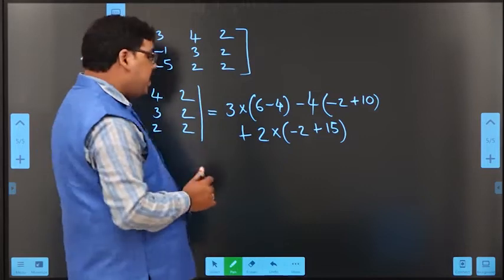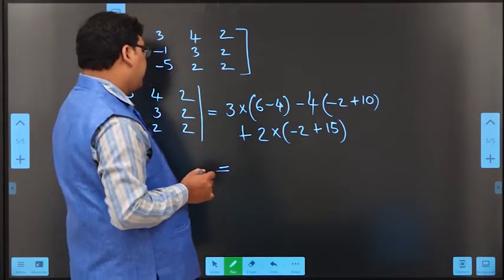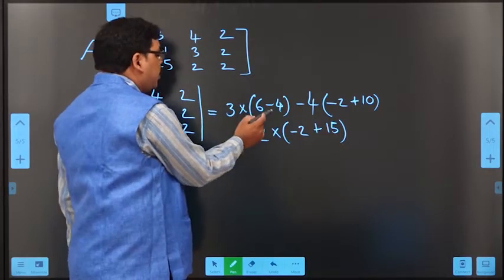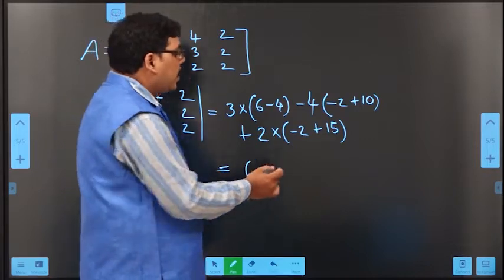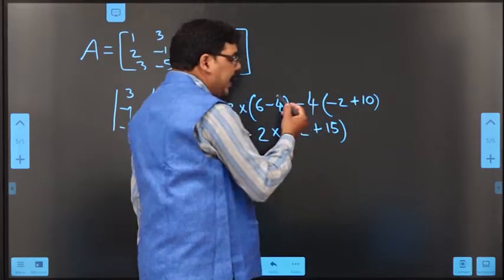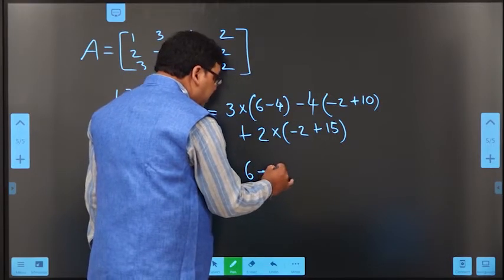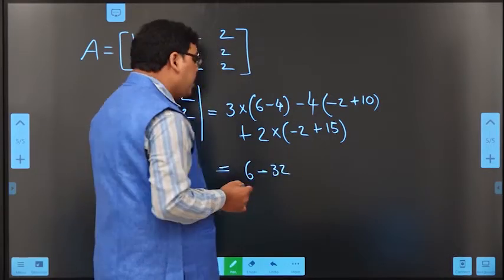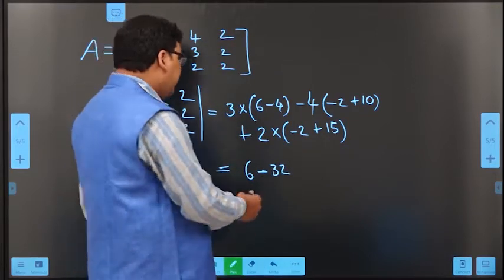So if we simplify this, this is 2, 2 into 3, 6. This is 8, 8 into 4. This is 15 minus 2, 13, 13 into 2.